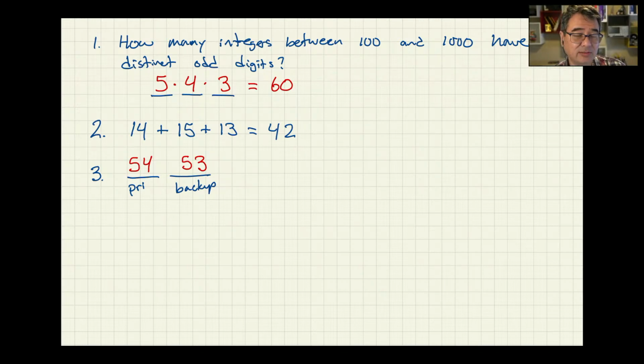So we're going to have a primary speaker and a backup speaker, which means we multiply these together. So 54 times 53 is 2,862 possible pairings of people who would go and give a talk at this conference.